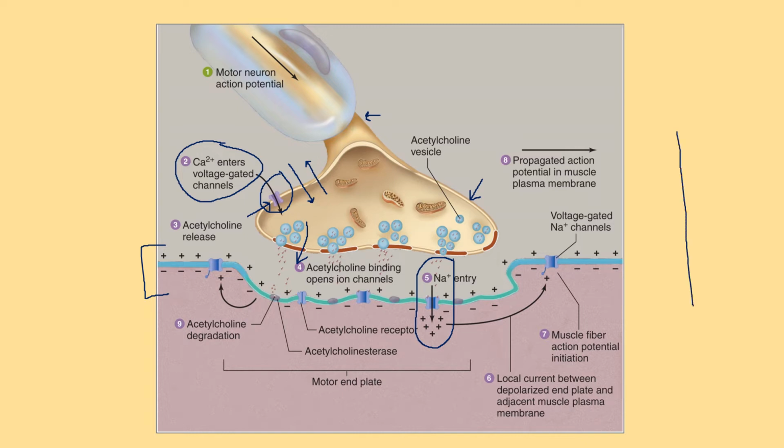So if we think about this scale in millivolts, we've seen this millivolt scale before, and we'll start here. Let's say, just because it's a number we're familiar with, that the muscle cell's resting membrane potential is negative 70, and we'll put 0 here.